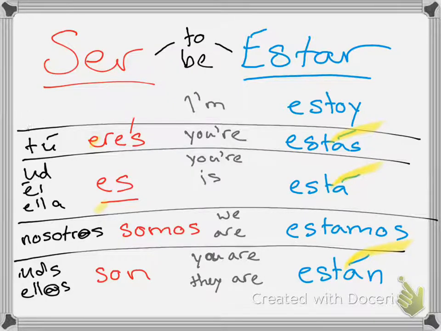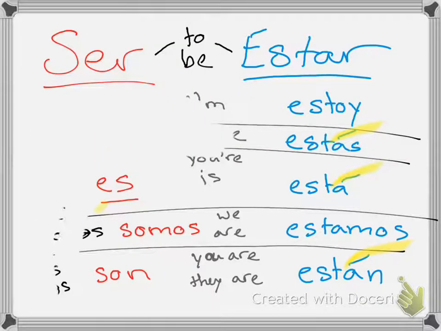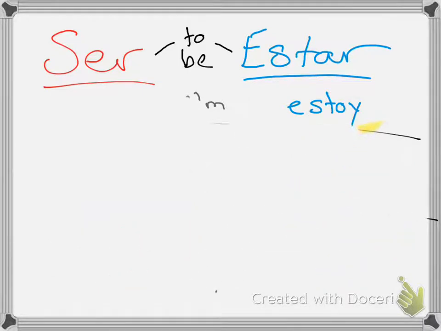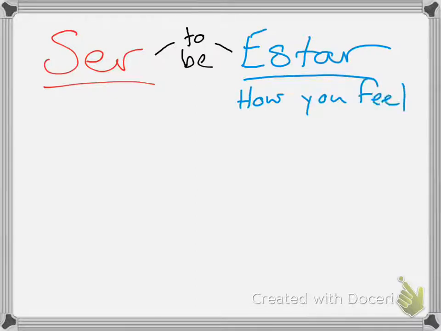Let's write all this down here. So there is a general rule of thumb, all right? And since we're just talking about the basics in this one, we're going to stick with our general rule of thumb. Okay, so the general rule of thumb is how you feel and where you are.